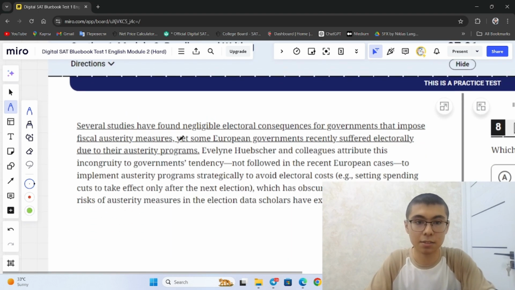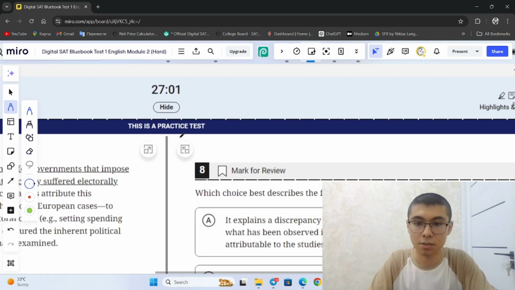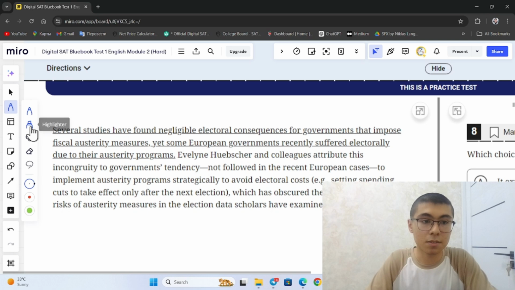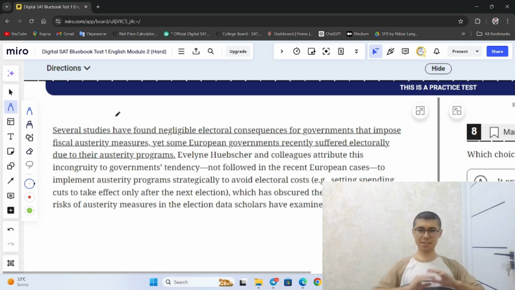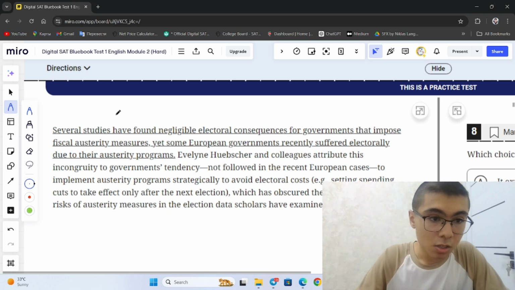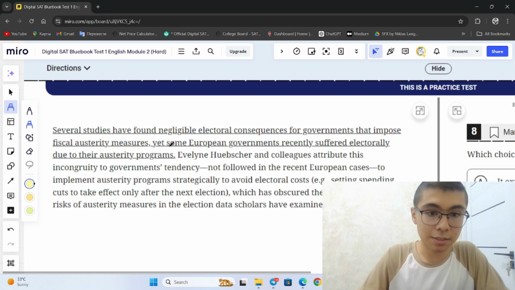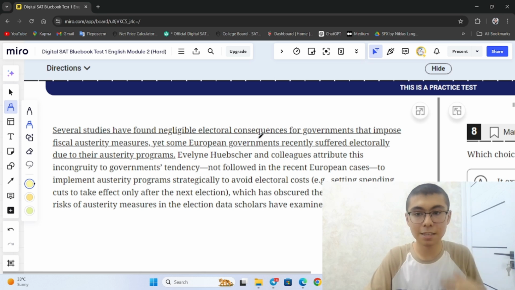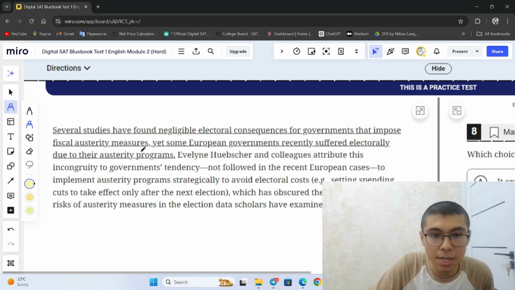Question number 8. The question asks about the function of the underlined sentence. Some students think that they just need to read the sentence that is underlined and that's it. But that's not correct. You have to read the whole text. So several studies have found negligible electoral consequences for governments that impose these measures.